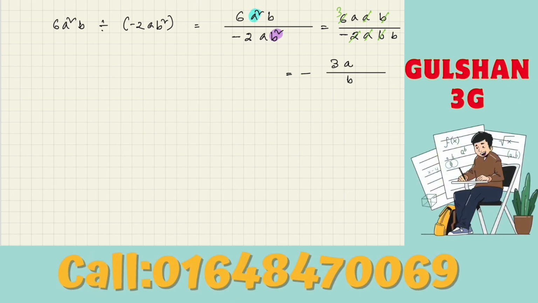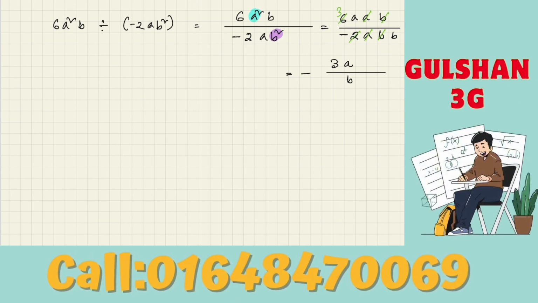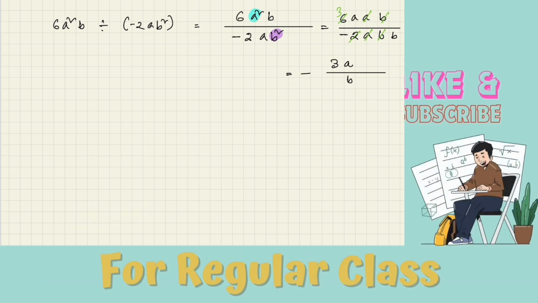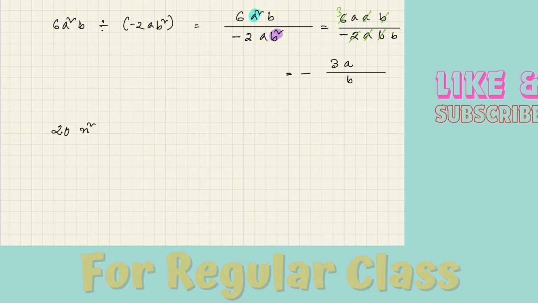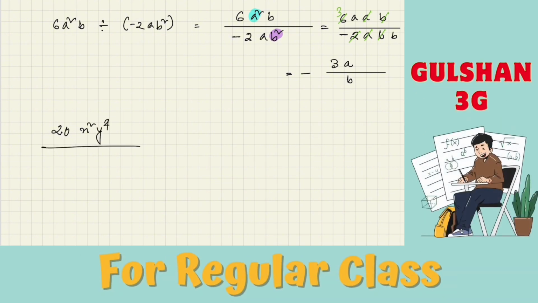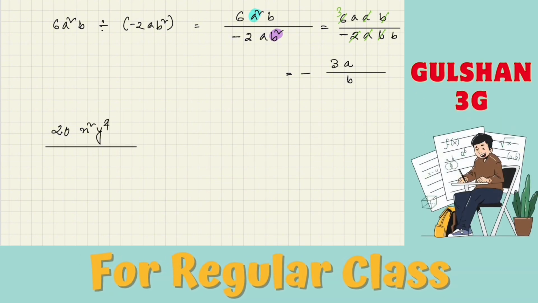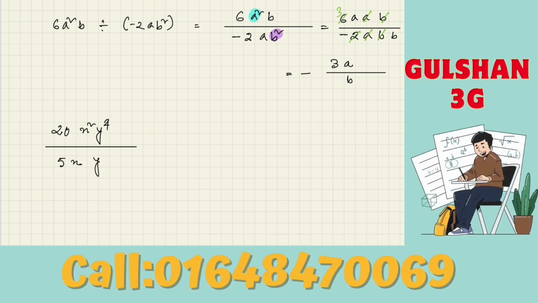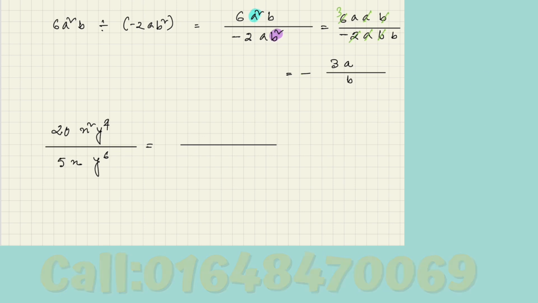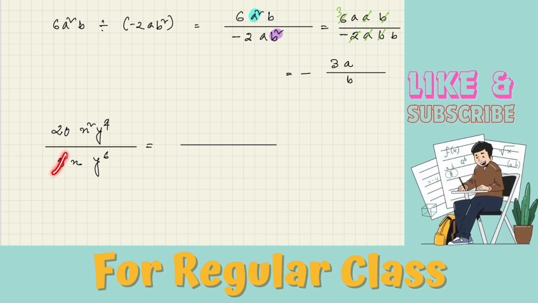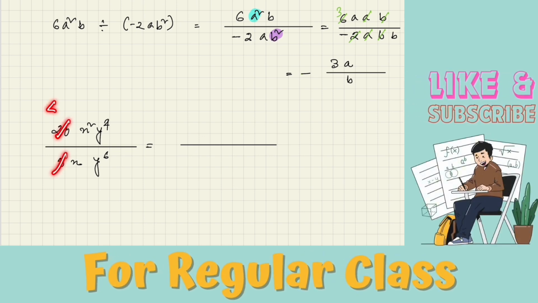Let's see another example. It looks like this: 20 x square y to the power 4 divided by 5 x y to the power 6. If we cancel 20 with the 5, the result will be 4.